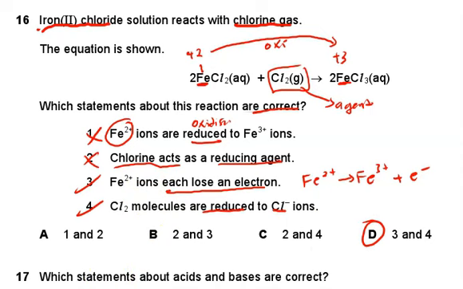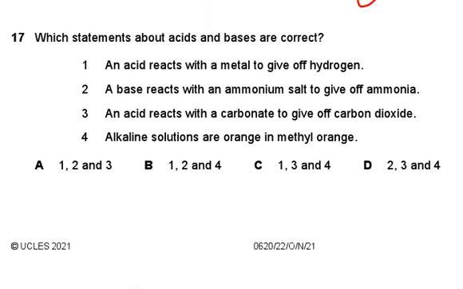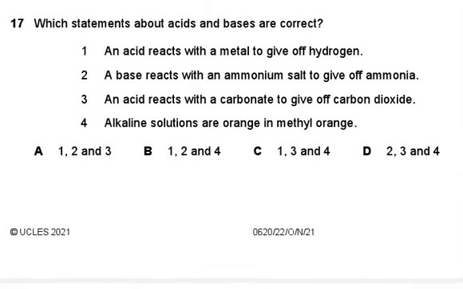Okay, now we go to number 17. Which statement about acid and base are correct? So here, an acid reacts with a metal to give off hydrogen. Yes, that's correct. Let me give you the equation for number 1.